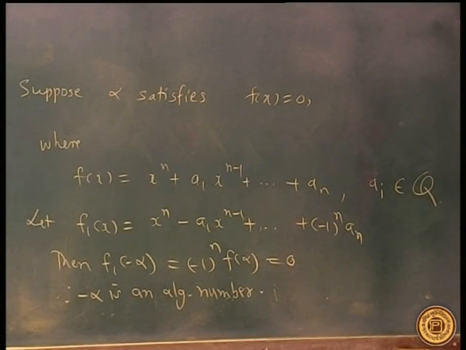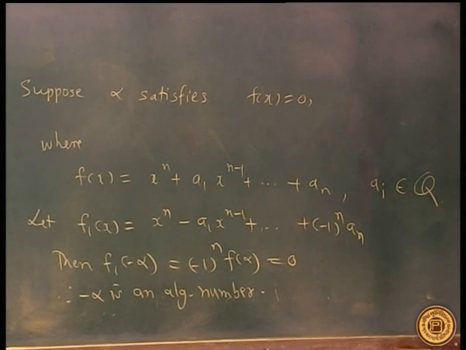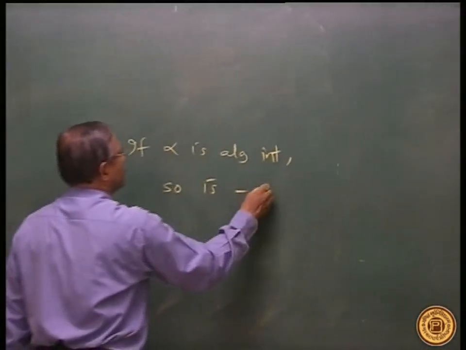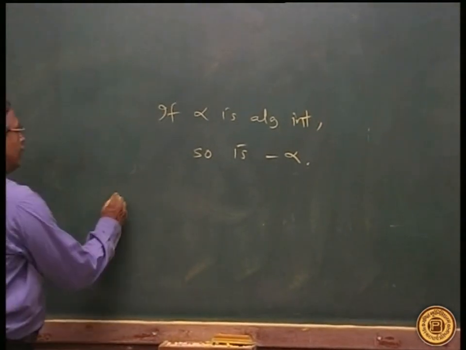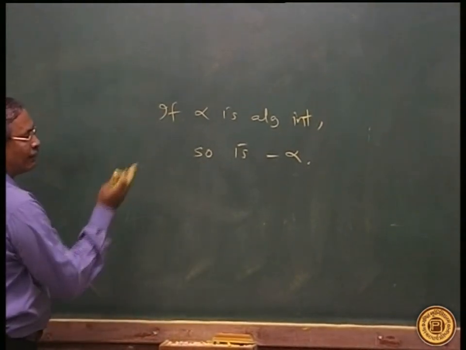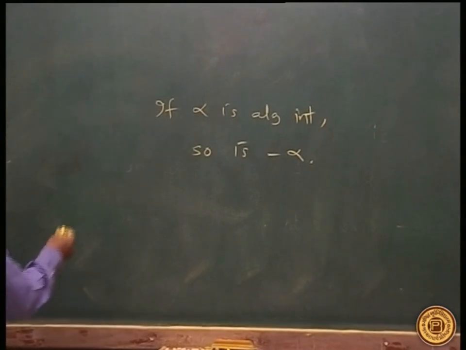And so in the same way you can get, if alpha is algebraic integer, then so is minus alpha, by the same argument. And finally, you just replace x by 1 by x in that and multiply by x raised to n.